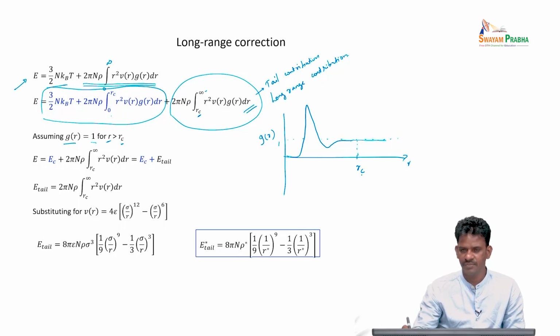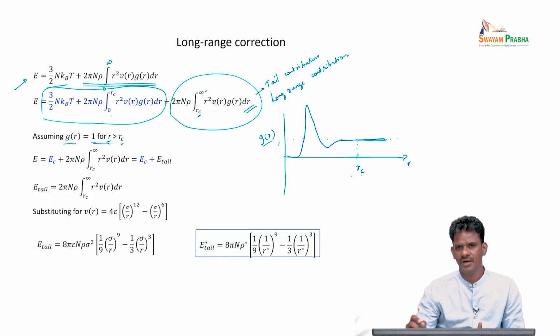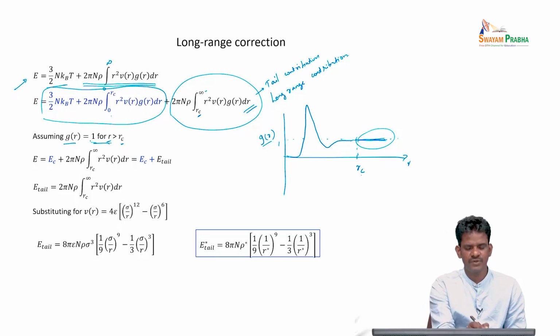Beyond r greater than RC, around this region, g of r is 1. We take this as an assumption, which could be true because the potentials are truncated at r equal to RC. So the particles or atoms do not interact with neighbors sitting at r greater than RC, and you expect the distribution beyond r equal to RC to be basically ideal-like behavior. So g of r becomes 1 there.